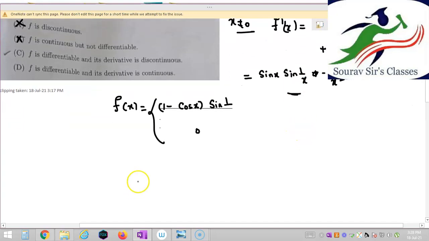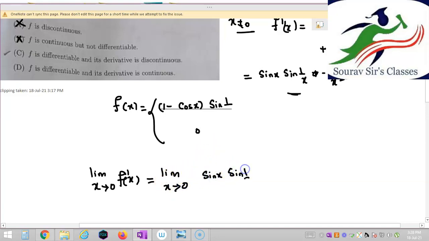For this, we need to check whether the limit as x tends to 0 of f dash x does exist or not. I am starting with the limit as x tends to 0 of sin x sin(1/x) minus ((1 minus cos x) by x squared) into cos(1/x).